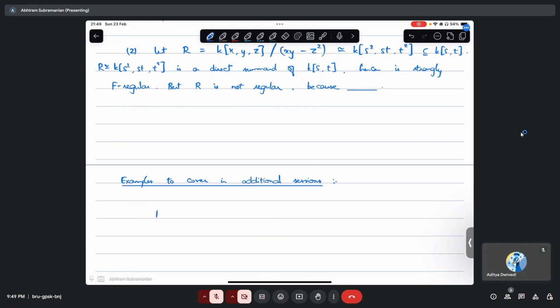So, an F-rational ring which is not weakly F-rational.